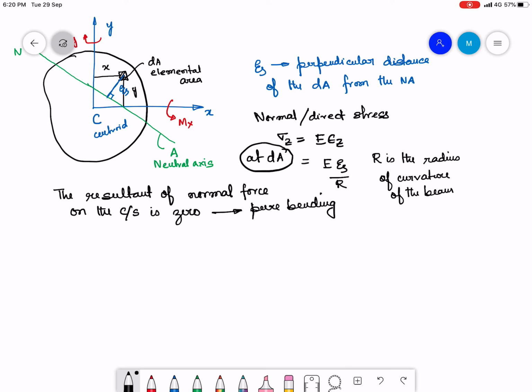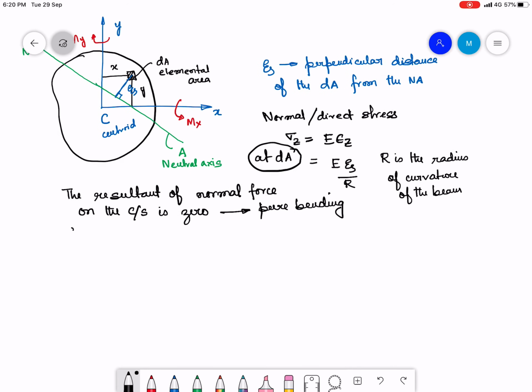So there is no applied axial load. Therefore, the resultant of the internal normal force should be equal to 0. And how is that represented? The resultant of the normal force is the integral of sigma z into dA over the total area, and this is equal to 0.